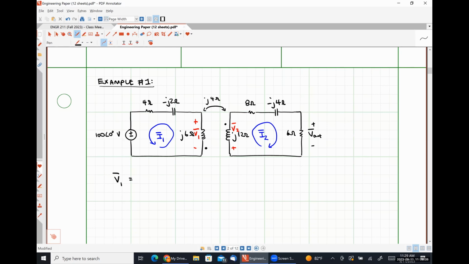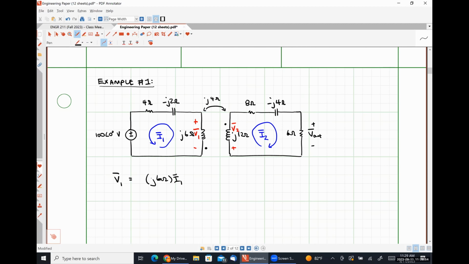So I'm definitely going to have a J6 ohms term, and the current flowing through... should that self term have a positive sign or a negative sign based on where the dot is and the direction of current flow, right?